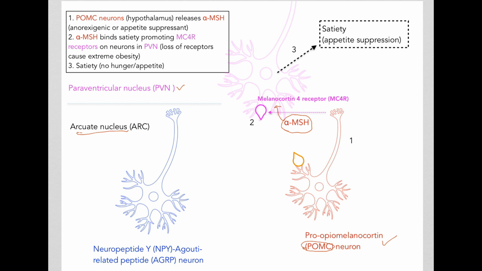The alpha MSH basically binds these receptors called melanocortin 4 receptors or MC4R, and that will activate these neurons, leading to the feeling of satiety, fullness. So this is one way we suppress our appetite, by the POMC neurons.